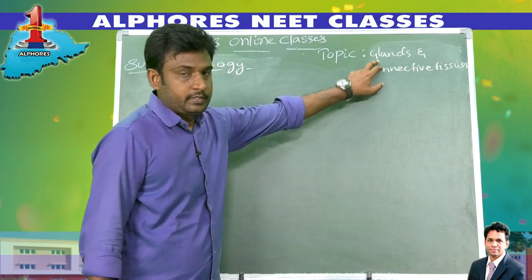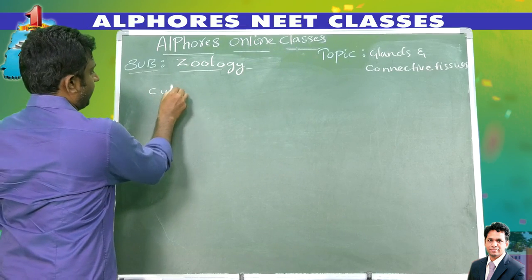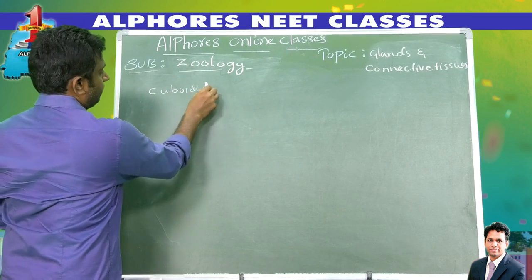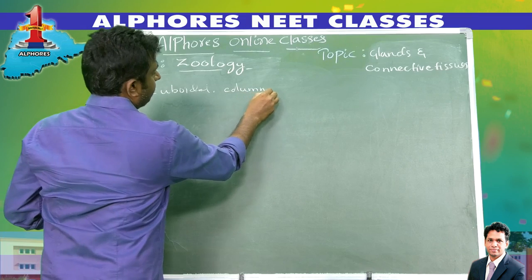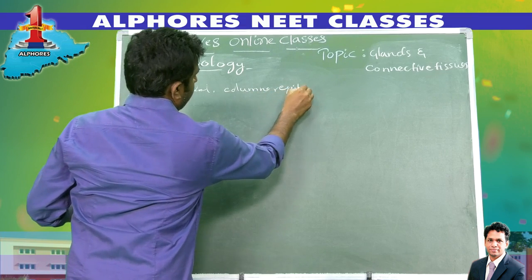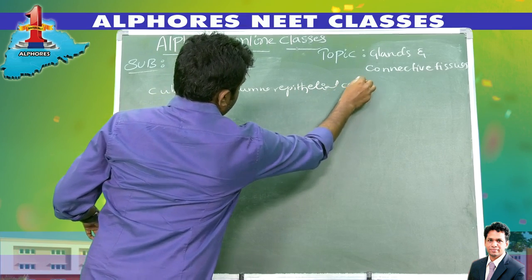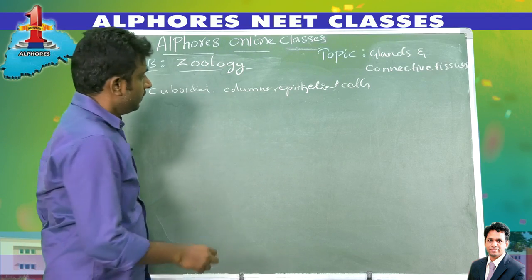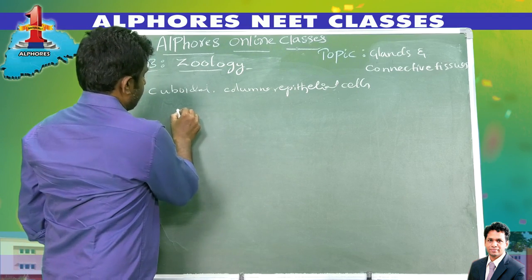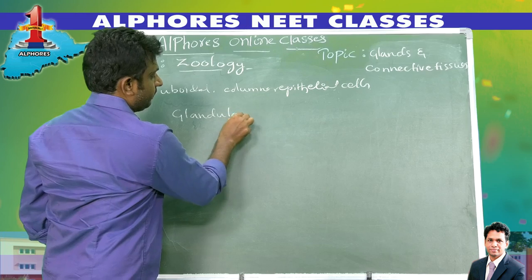Glands: some of the cuboidal and columnar epithelial cells form into the glands, which is called glandular epithelium.